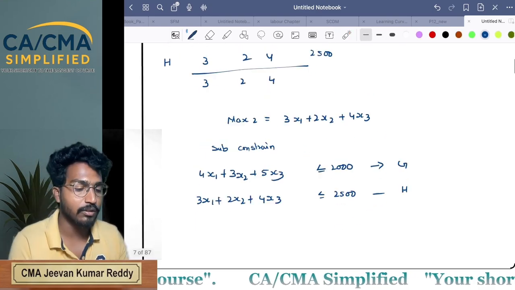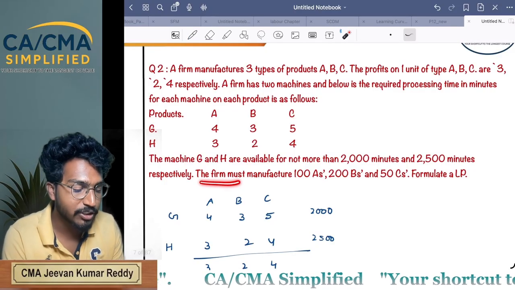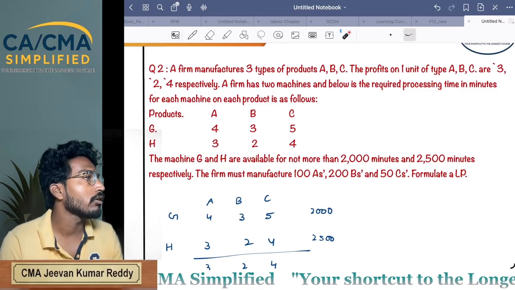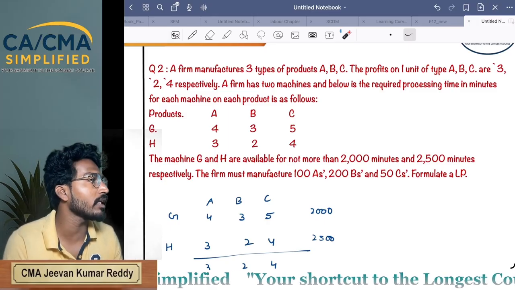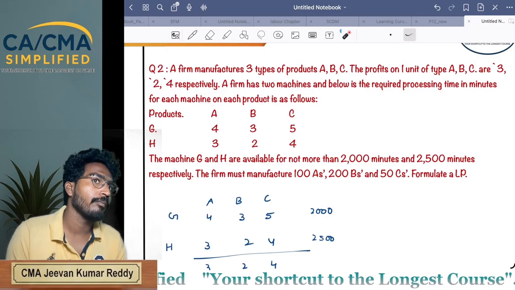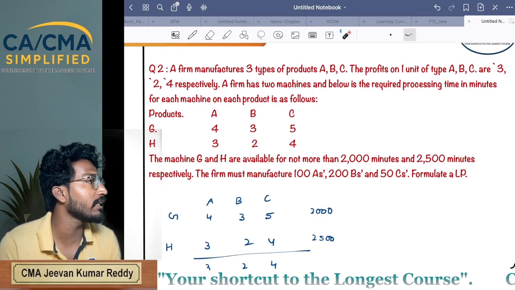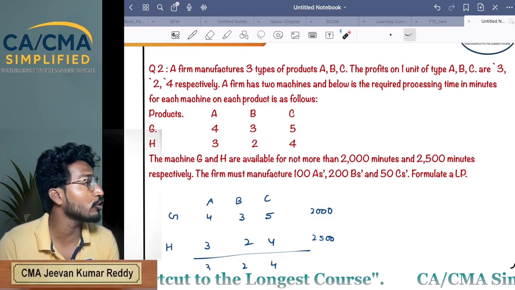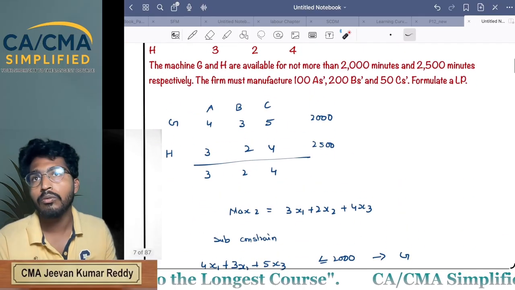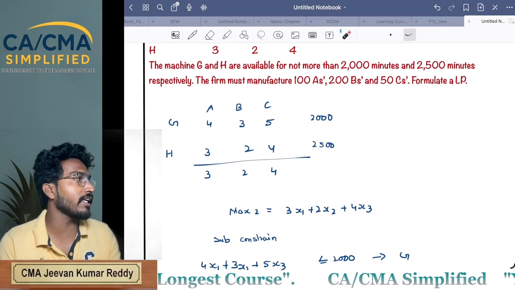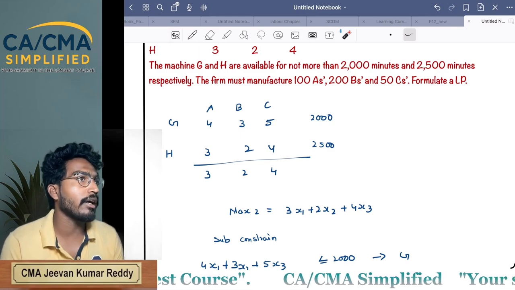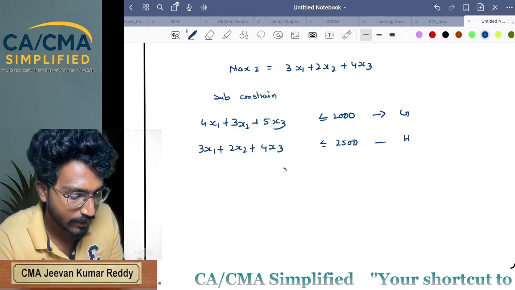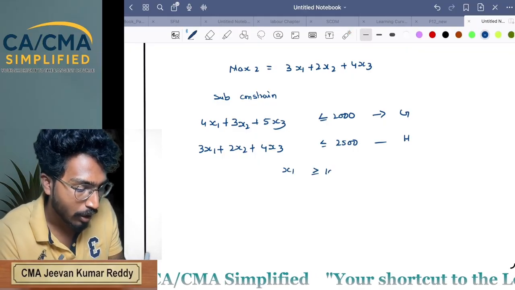Now, the firm must manufacture 100 units of A. That means you must and should manufacture 100 units of A. We take the units of A as x1, so x1 must be greater than or equal to 100.